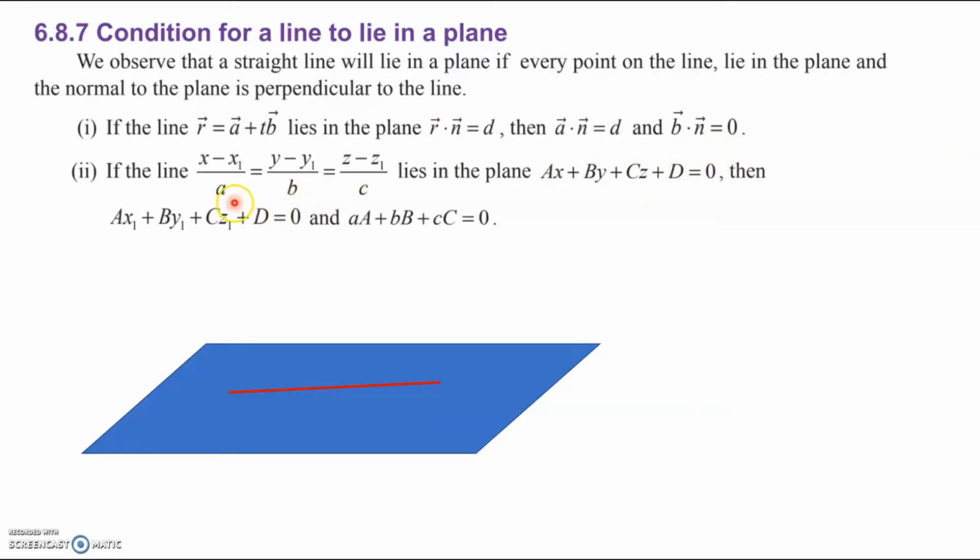Also, if you are given the Cartesian equation form of the line and the Cartesian equation of the plane, let's say this is our Cartesian line and this is the equation of the plane, then the condition that it should satisfy is that A, which is the coefficient of x here, into x1, which is the point on the line, plus B y1 plus C z1 plus D, which is on the plane, the D here, is equal to 0, and also Aa plus Bb plus Cc will be equal to 0.